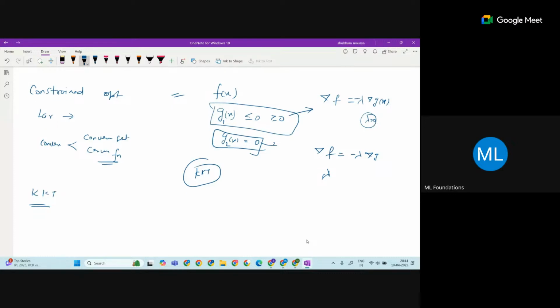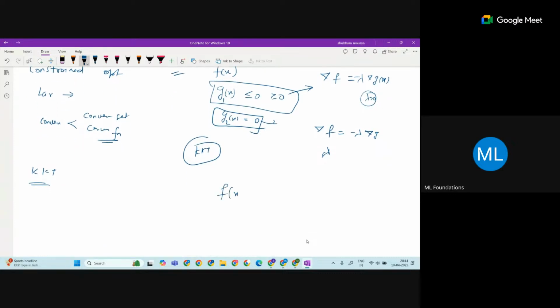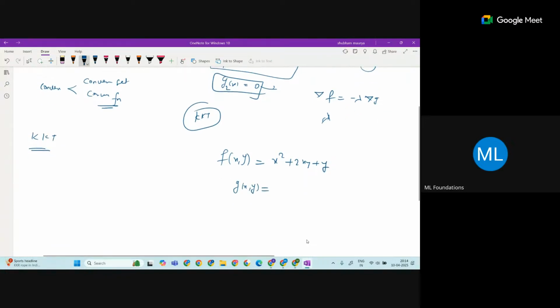So suppose I have a function f(x, y) = x square plus 2x plus y, where the constraint is given by g(x, y).